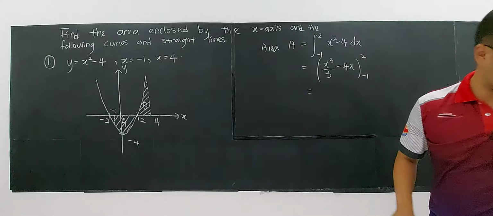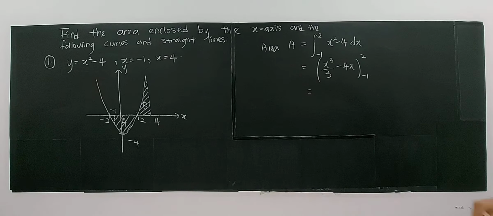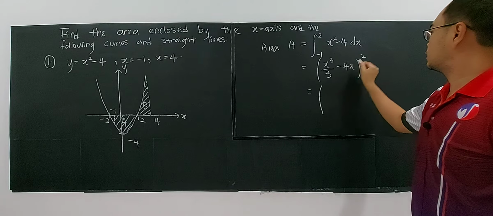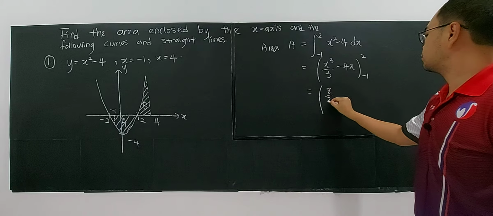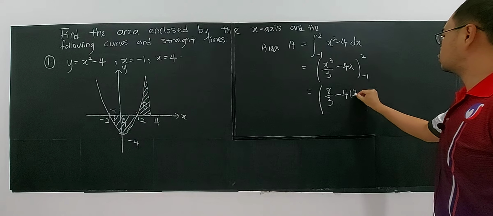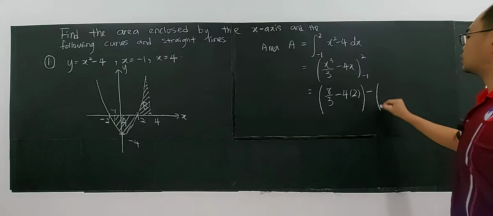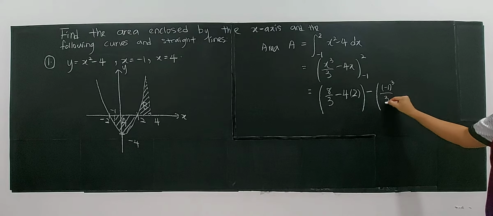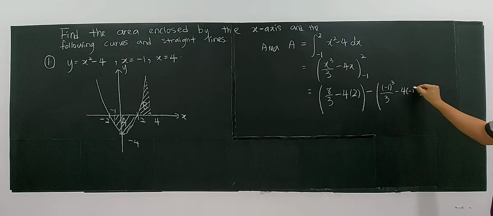Substituting, you get 8 over 3 minus 4 times 2, minus negative 1 to the power of 3 over 3 minus 4 times negative 1.